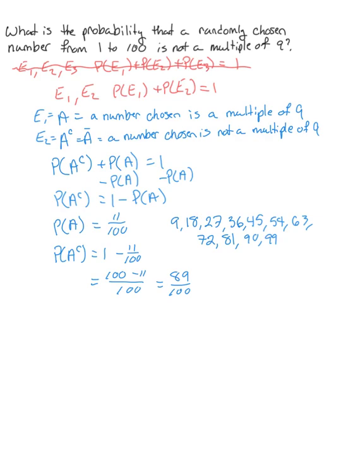So the probability that our randomly chosen number from 1 to 100 is not a multiple of 9 is 89 over 100, or equal to 89%. And that is how you answer this question.